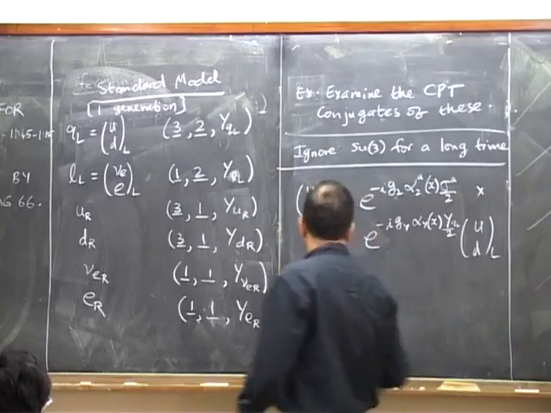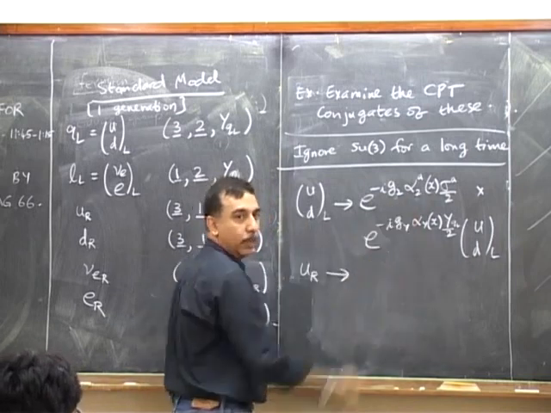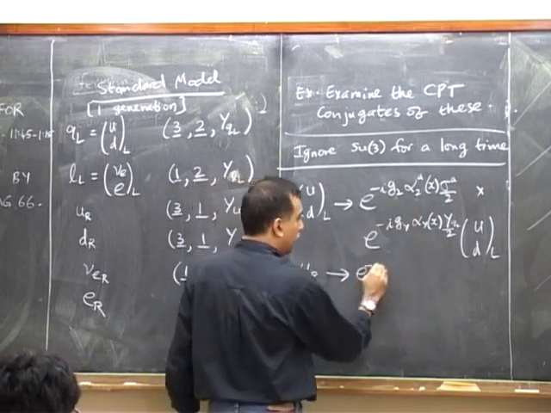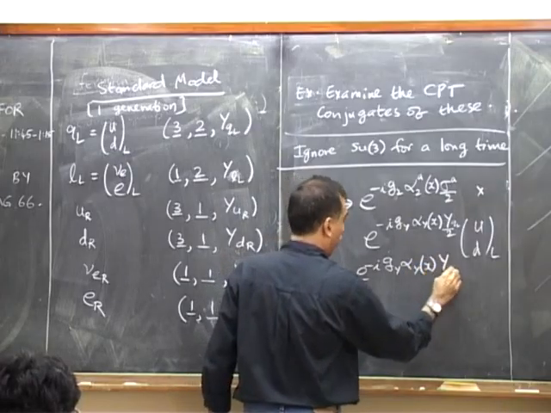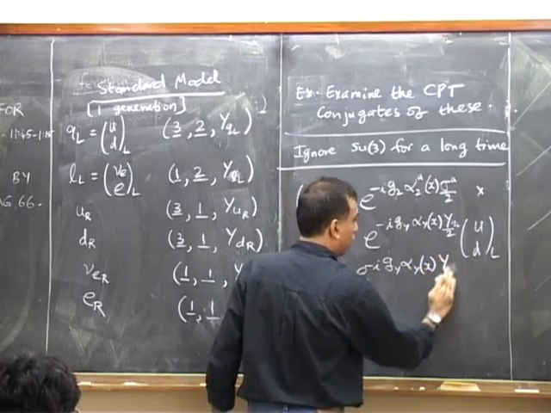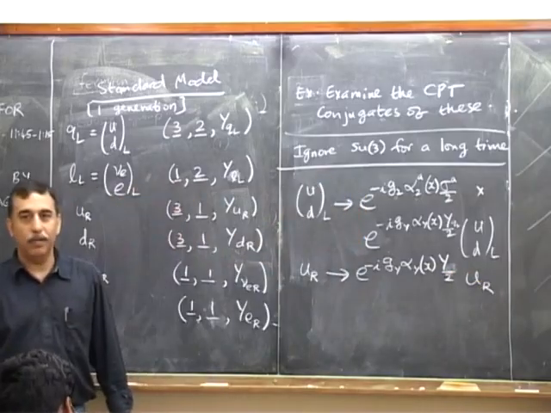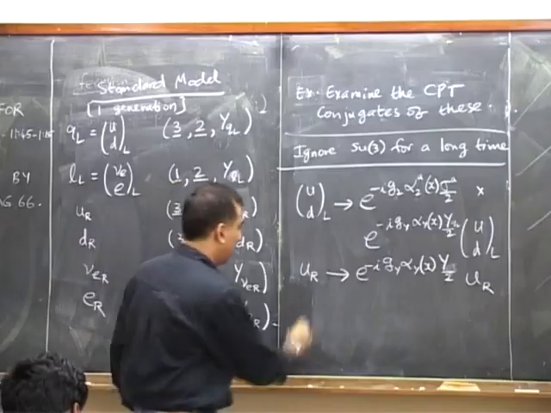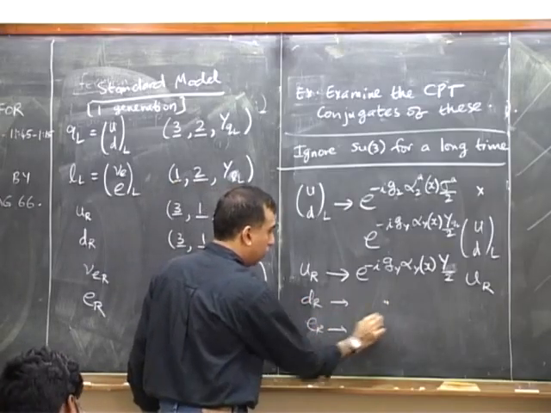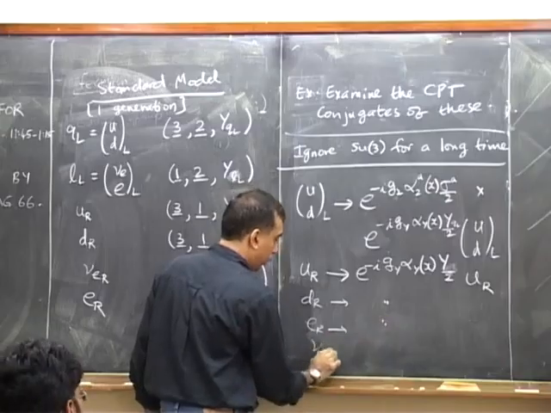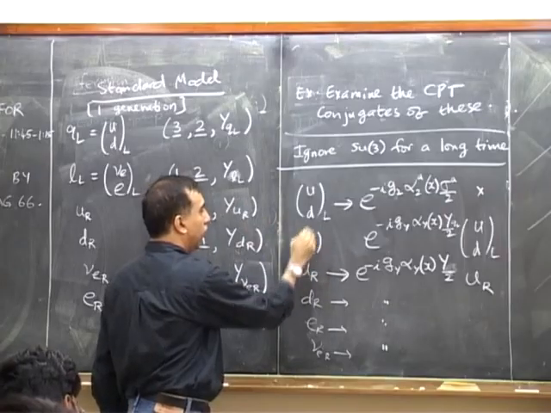Contrast this with the fact that u_R doesn't have this at all, being a singlet under SU2. So it only has e to the minus i g_y alpha_y of x, Y of u_R. In fact, I'm going to just keep writing Y. When you see a Y, you have to fill in the value for that thing. d_R, e_R similar, nu_R similar, and nu_e and e left.